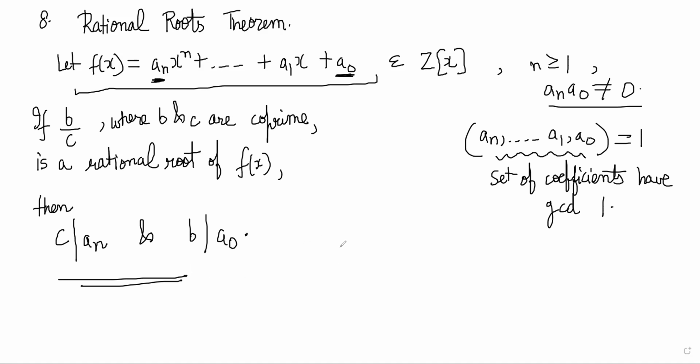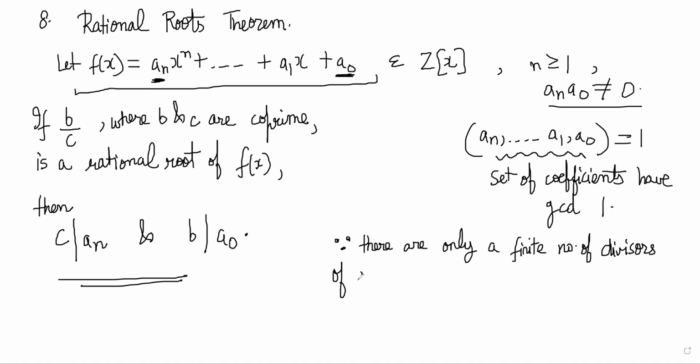Now, we know there is only a finite number of divisors of, say, a non-zero integer like a_0 or a_n.